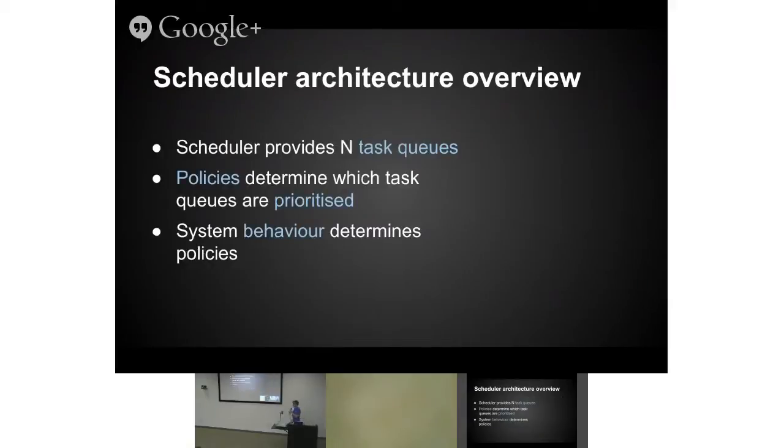So now I can show some pictures of what the architecture actually looks like. Remember we talked about how we're providing these different task queues for different types of tasks. Then we have these policies which determine which of these task queues should be prioritized. And then finally we have the hooks into different parts of the system that get the events that determine the policies, like what is going on at the moment.